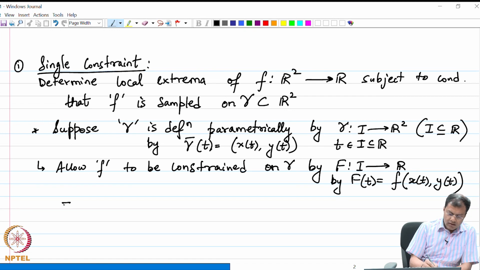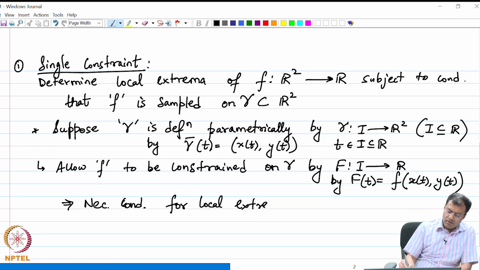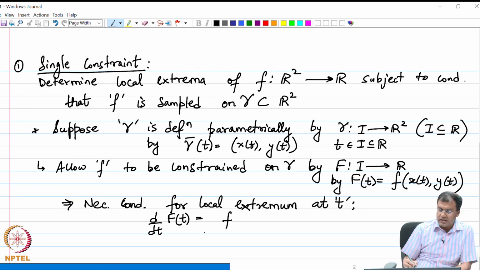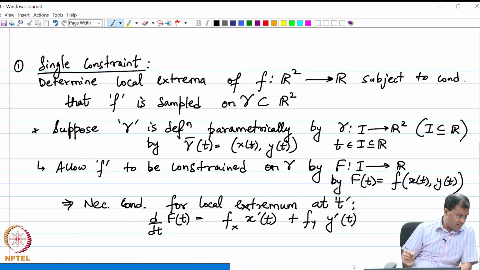Then my necessary condition for a local extremum at point t is given by d/dt of F of t. Using the chain rule, the derivative of capital F is f_x x prime of t, where the prime denotes the derivative with respect to t, plus f_y y prime of t.